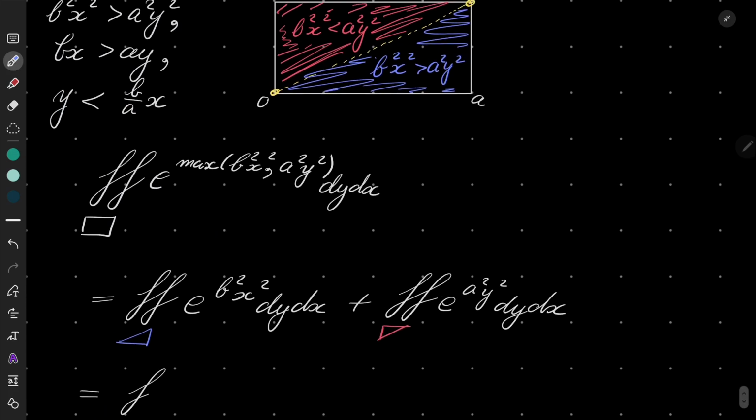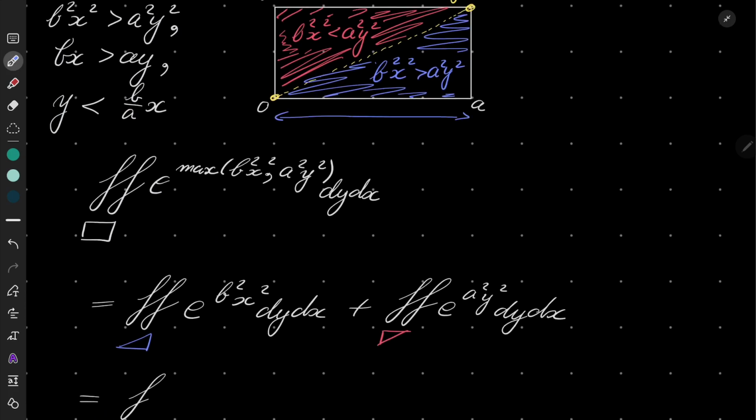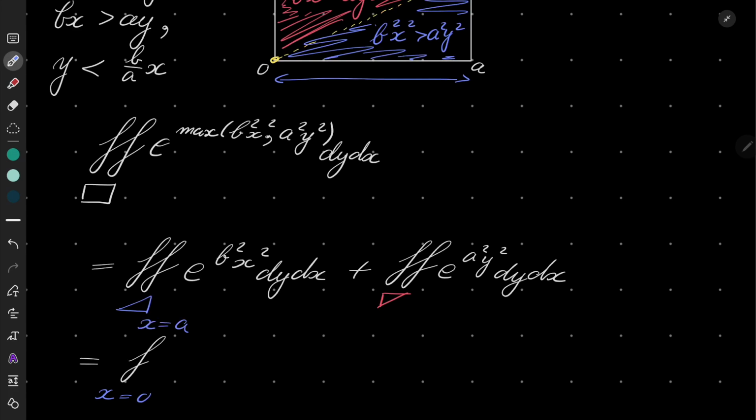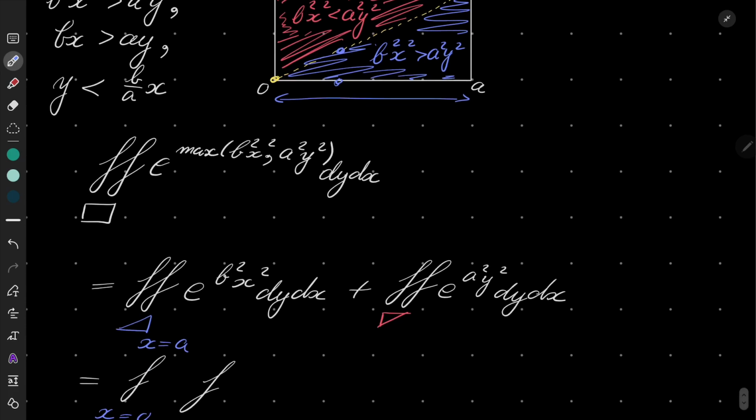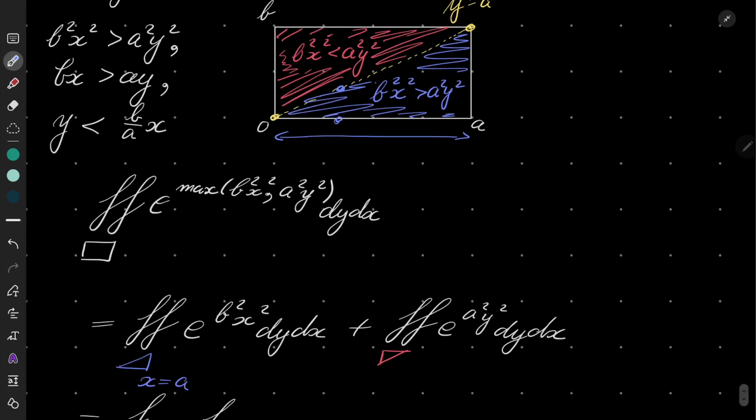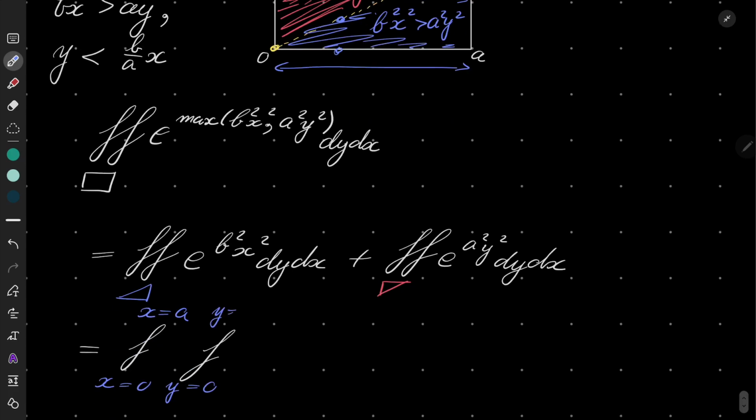Let's look at our picture. x goes freely from 0 to a, and y always starts at 0 and ends on this diagonal, so y is from 0 to b over a times x. And we are integrating e to the power b squared x squared, dy dx.